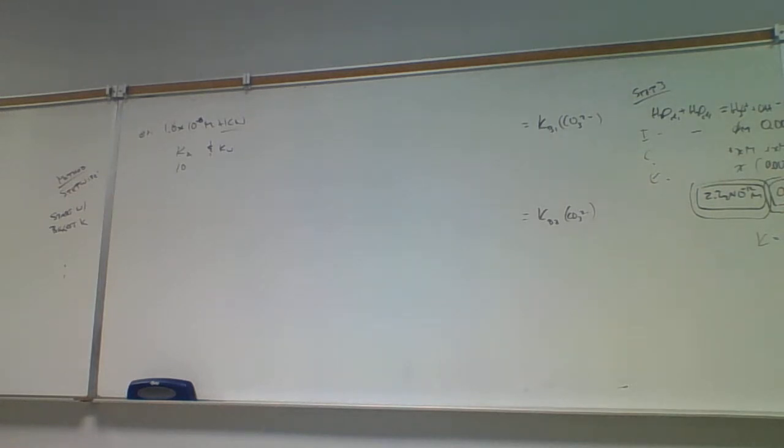All right, let's go back and take a look at the Ka for HCN. K values are in appendix D. Also, there are some in the chapter, but appendix D is much more comprehensive.